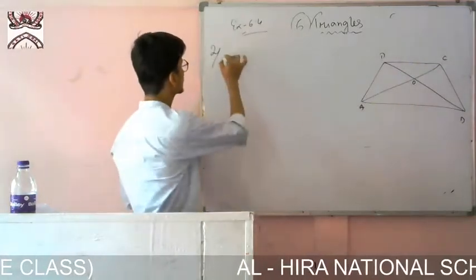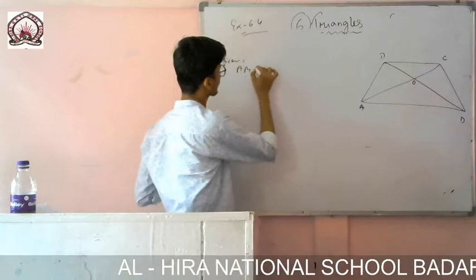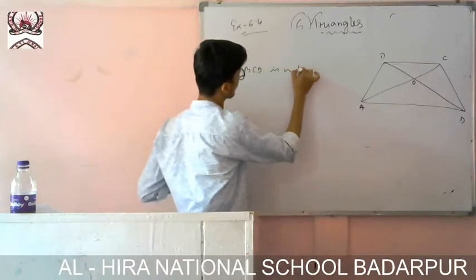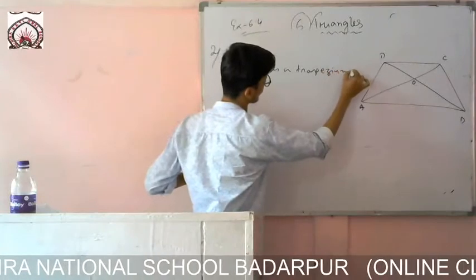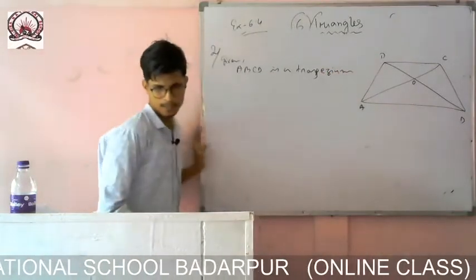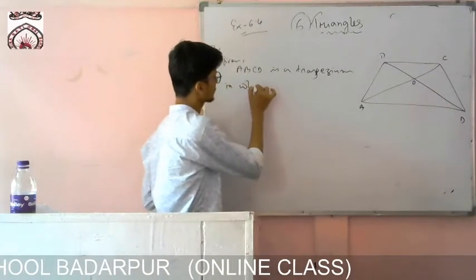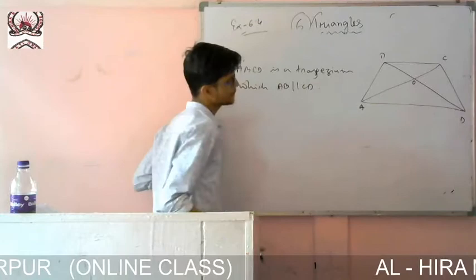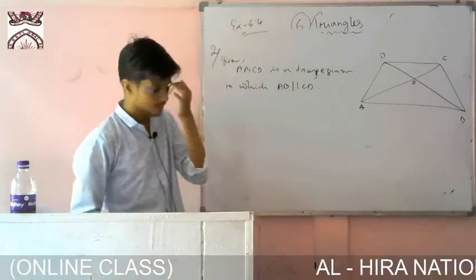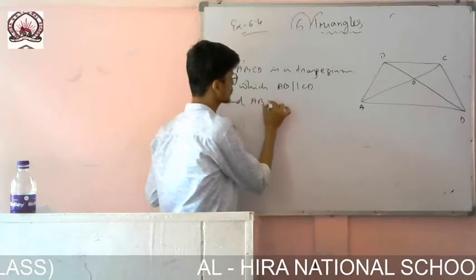So what is given? You write first of all, given: ABCD is a trapezium in which AB is parallel to CD, and another thing given is AB equals twice CD.